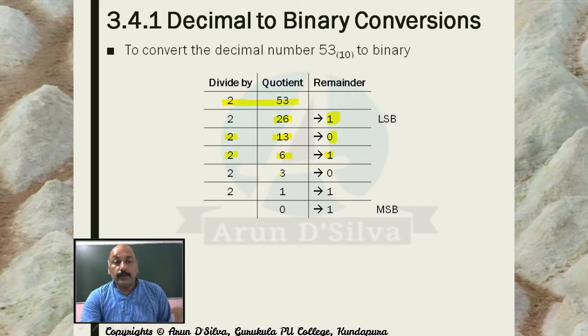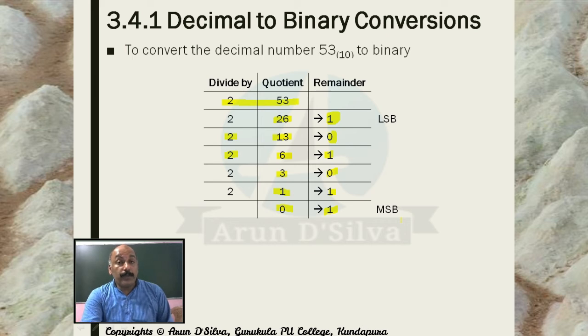I'll divide it by 2. I'll get quotient 3 and remainder 0. I've recorded that. Again I'll divide. The quotient becomes 1, remainder becomes 1. Again I'll divide. Quotient becomes 0 and remainder becomes 1.